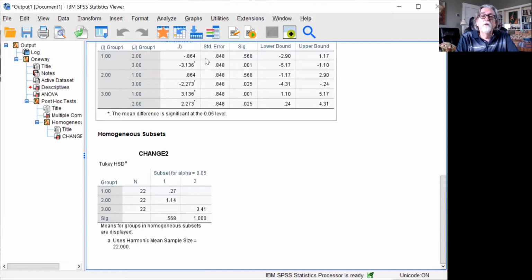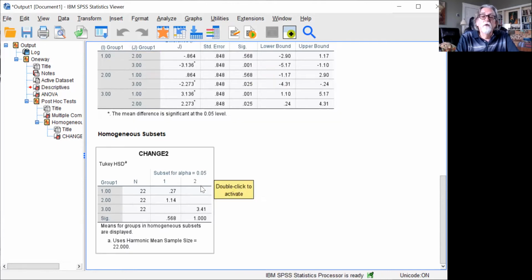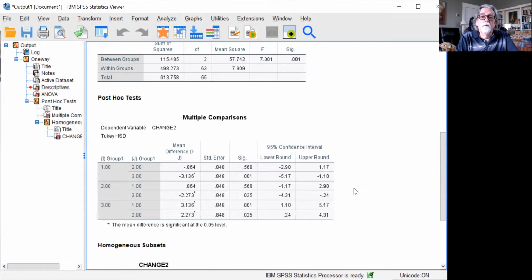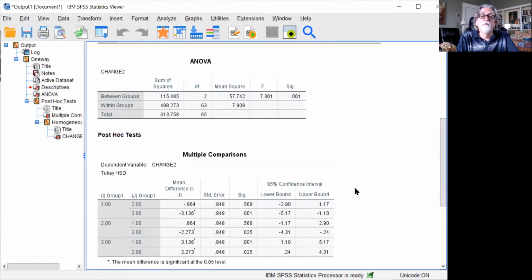Therefore, treatments 1 and 2 could be grouped together and treated as the same, and treatment 3 is significantly higher than the other 2 groups. That's what we can say from this one-way comparison of the change scores by groups.